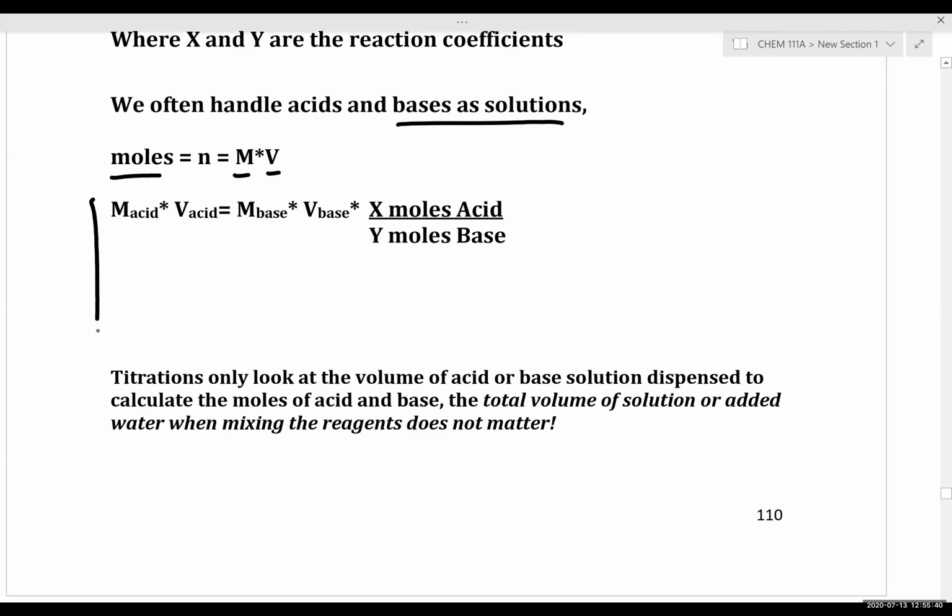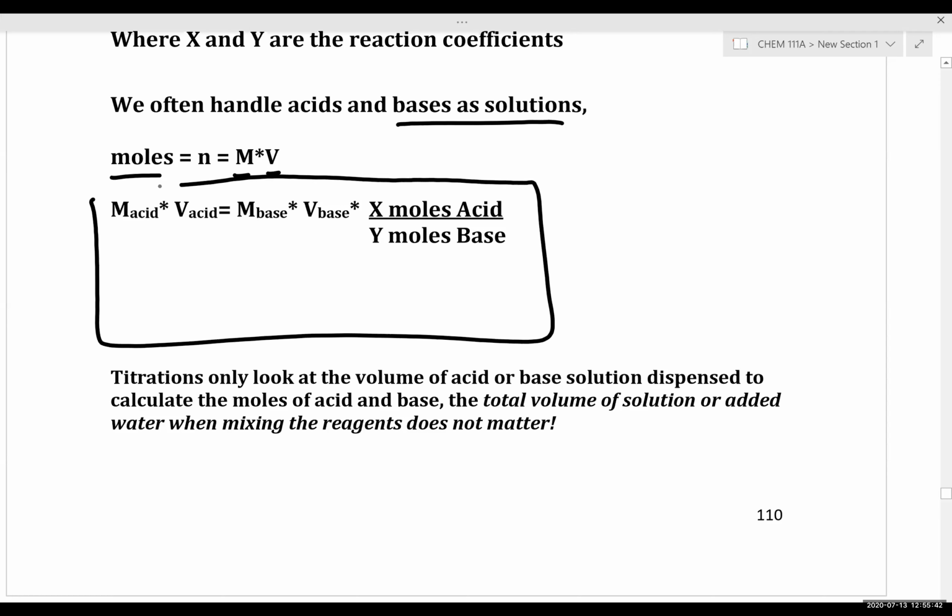So now we have a relationship between the molarity and volume of an acidic solution reacting with the molarity and volume of a basic solution. And at the equivalence point, the moles of acid are equal to the moles of base times the stoichiometric ratio.